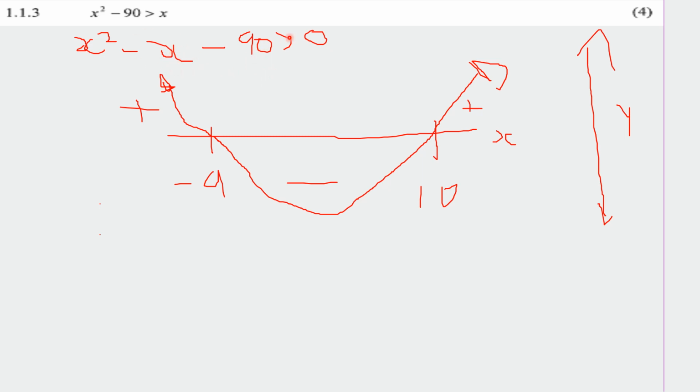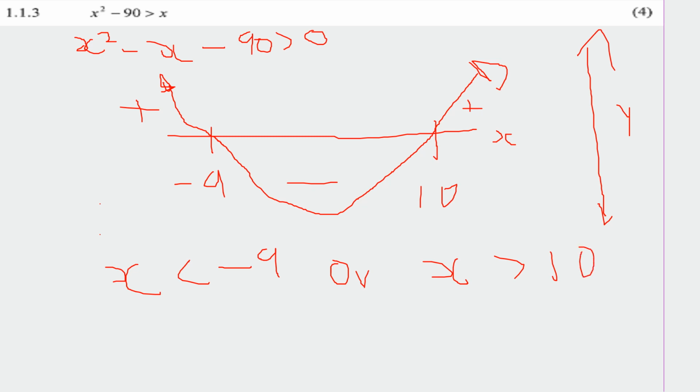Where is y greater than 0? Where is the function positive? The function is positive here, and it's also positive from here. So your values will be the values of x that are less than -9, or the values of x that are greater than 10.